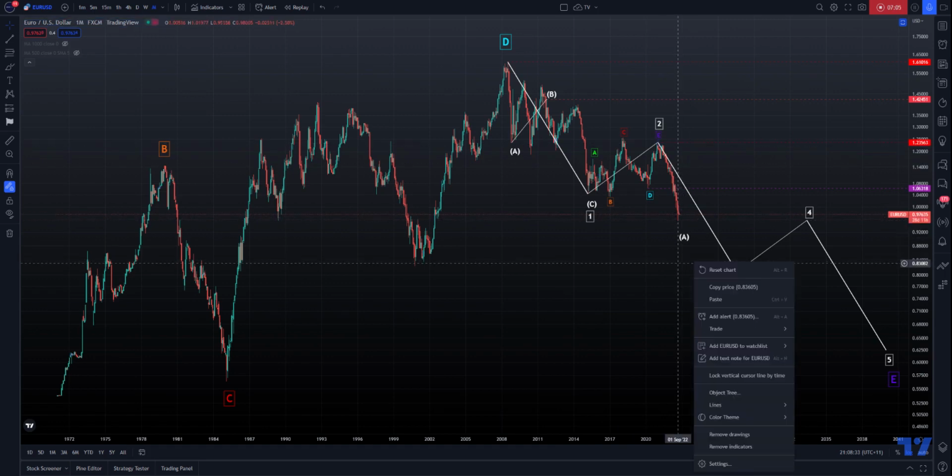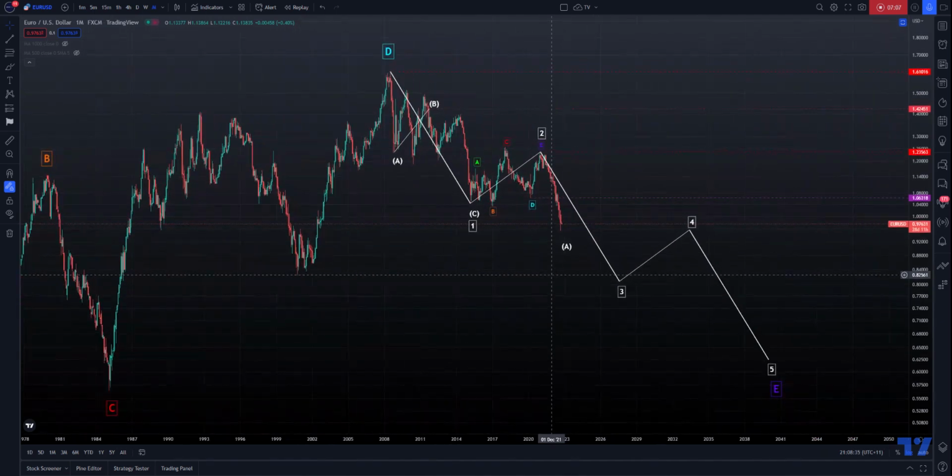So what do I think is the other potential? That we are in a wave 3 zigzag. Just like we saw up here from 2008 down to 2015, we had an ABC. I believe that right now, we're in the first part of the next zigzag down.